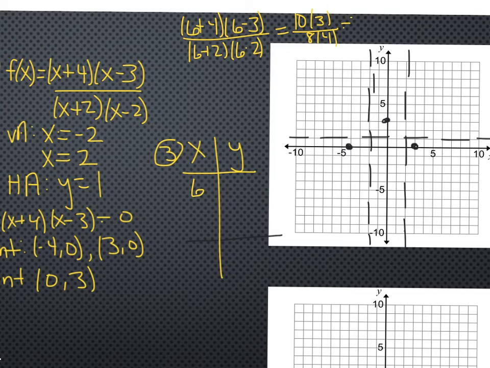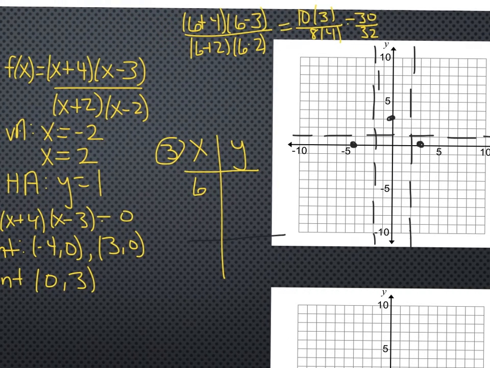So this is 30 over 32, which is about 0.9. Remember this is just a decimal approximation, so you can round to the nearest tenth. So now we're going to plot 6 and positive 0.9.